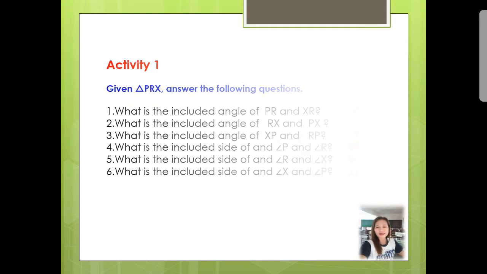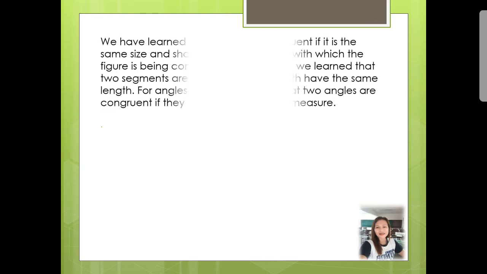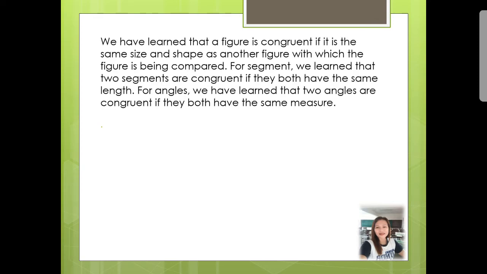Okay, next. We have learned that a figure is congruent if it is the same size and shape as another figure with which it is being compared. For segments or sides, we learned that two segments are congruent if they both have the same length.